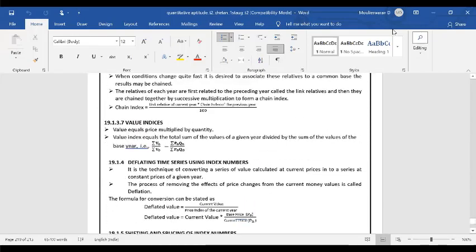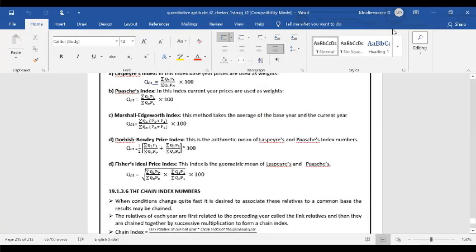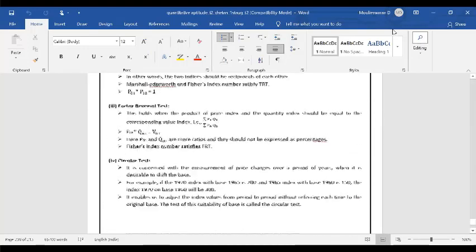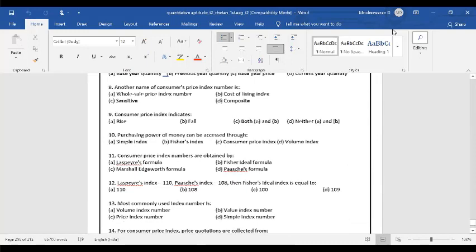I'm going to that formula again. Geometric mean of Laspeyres and Paasche. So what should I do? Square root of, as I told you yesterday, Laspeyres and Paasche's index. So square root of 110 into 108. That's it.